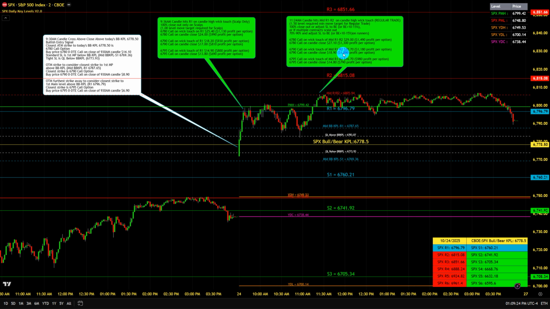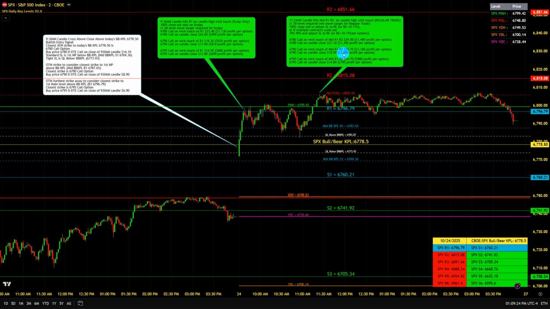That way, you're closing out the vast majority of your options because you've been trading multiple contracts, and you're getting the full profit of this 1.5 level move on the 70 to 90% that you're closing out. Then on the remaining contracts that you have left over, you've adjusted your stop loss to break even or break even plus 10 to 15%.